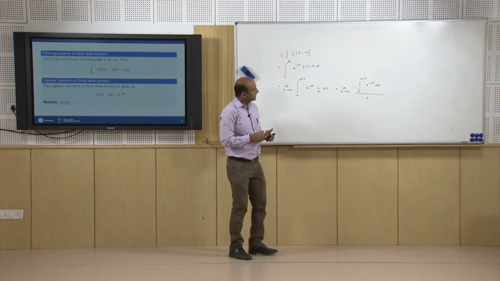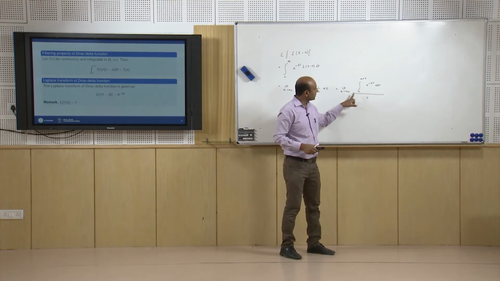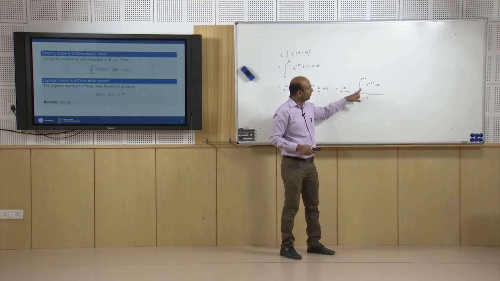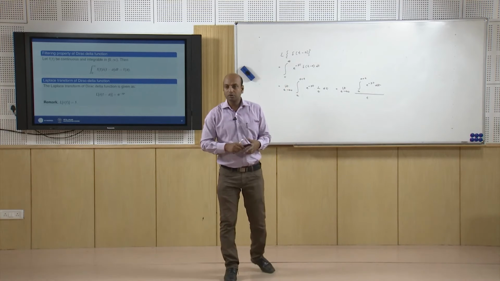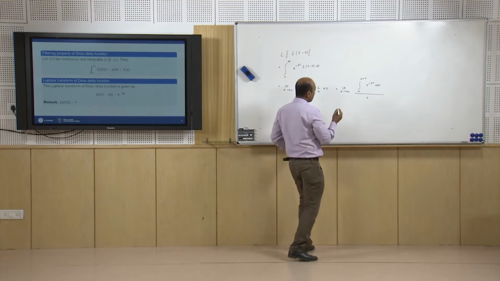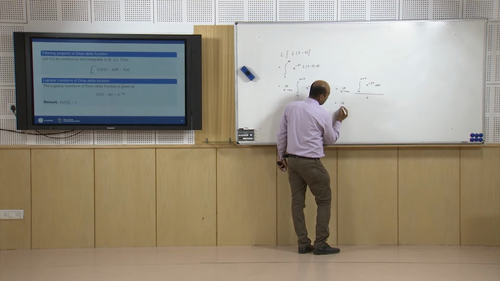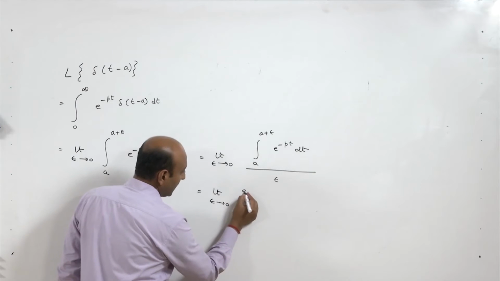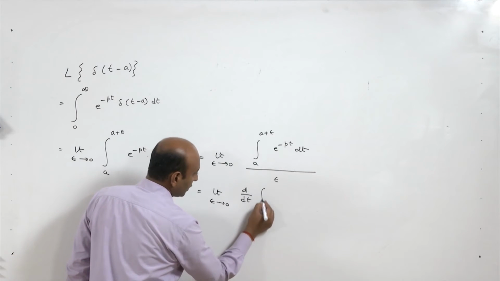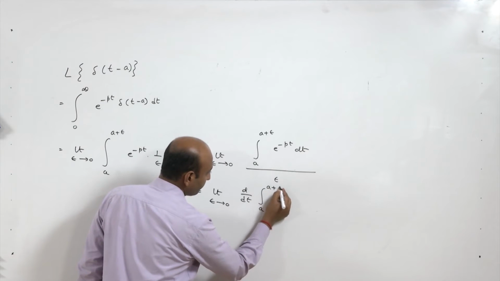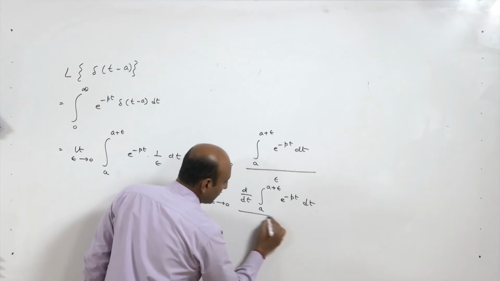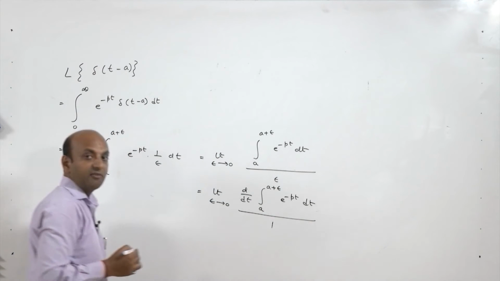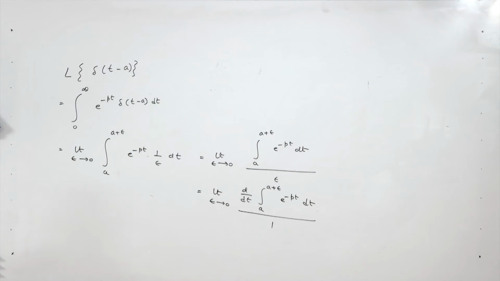Okay. Now, it is again 0 by 0 form, because when epsilon tends to 0, the numerator is 0 and the denominator is 0. So, again we apply L'Hospital rule to simplify this. So, this is equal to limit epsilon tends to 0, again d by d epsilon of the numerator quantity upon denominator, where the derivative of the denominator with respect to epsilon is 1.